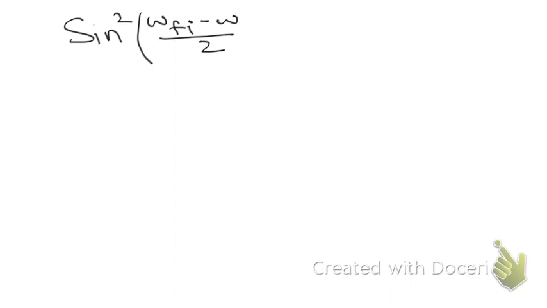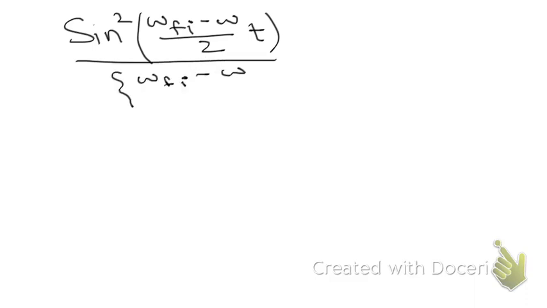Under this limit, the sinc function that we had in our probability, which was sine squared of (omega_fi minus omega) over 2 times t, over (omega_fi minus omega over 2) squared, is in this limit where t goes to infinity, or delta omega goes to 0, going to become a delta function.